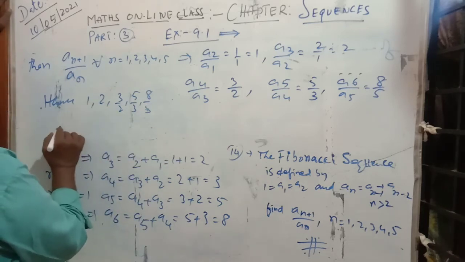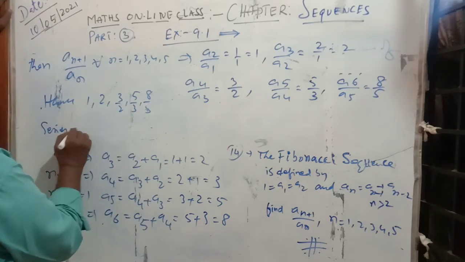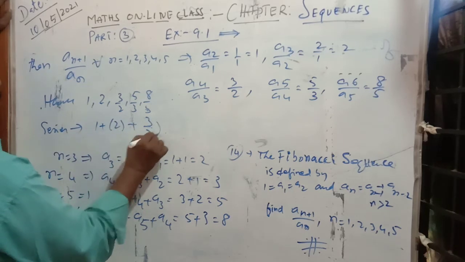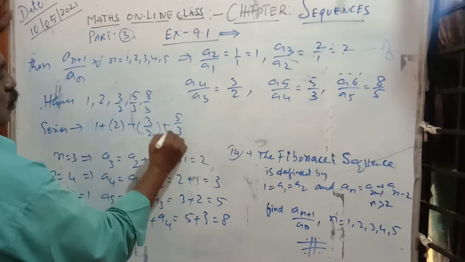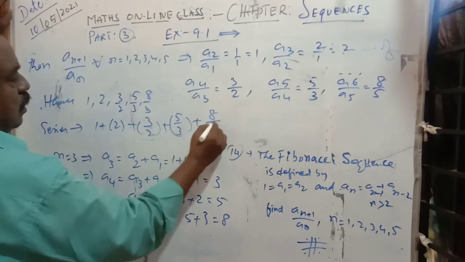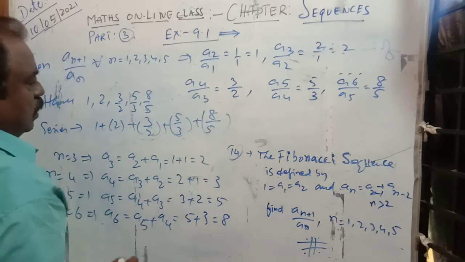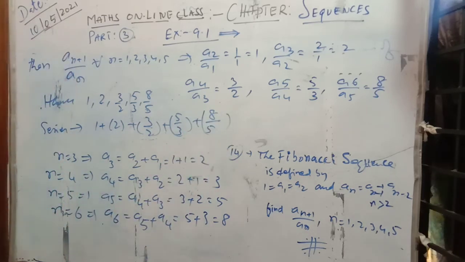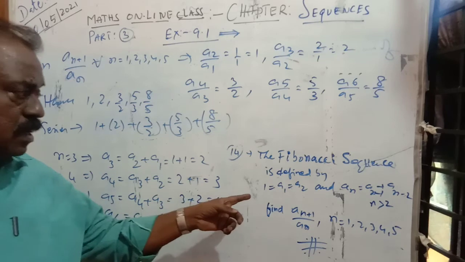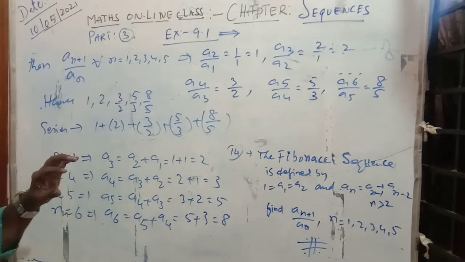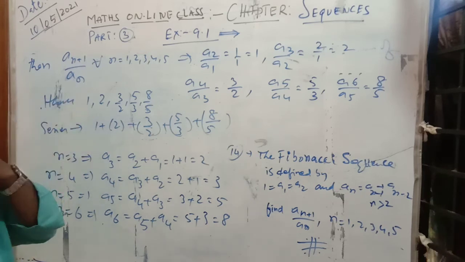This is the sequence. The series is 1 plus 2 plus 3 by 2 plus 5 by 3 plus 8 by 5. But I think here we are not asked the series, but only the sequence. But I will write this extra.